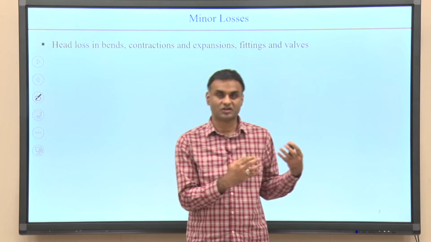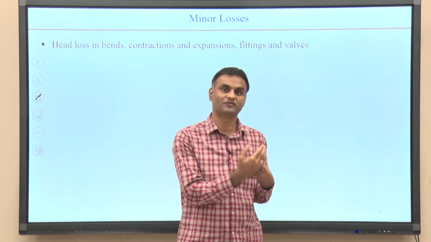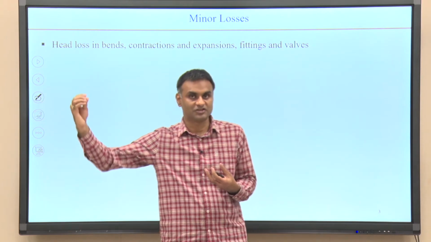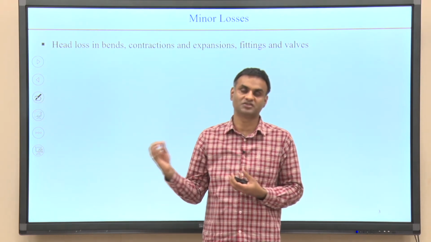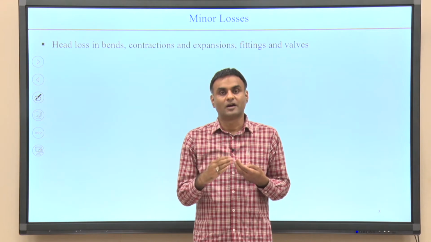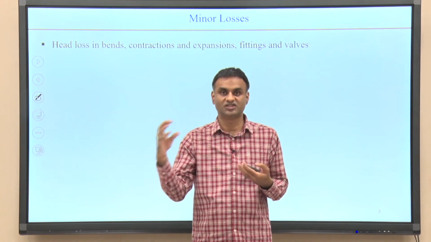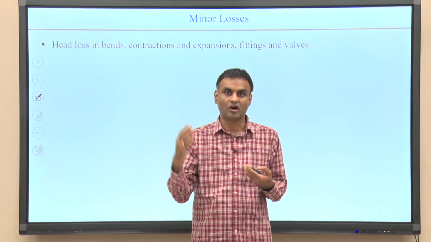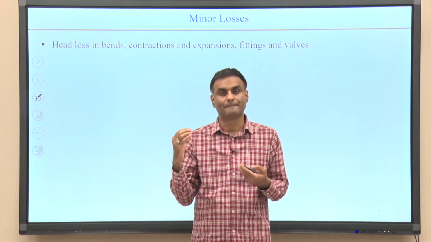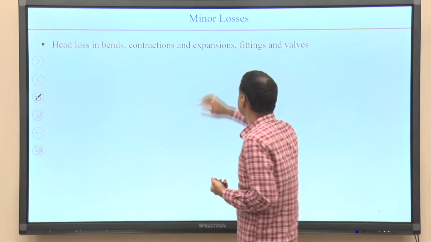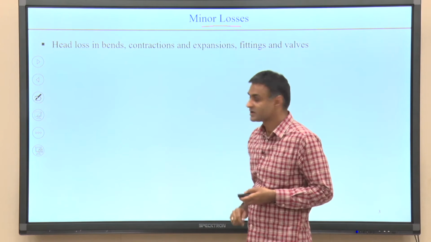So, the losses because of the geometry of the inlet or because of the exit, because the flow is going to a reservoir, or because of bends, elbows, tees, valves, reducers and expanders, all those will be combined under minor losses.